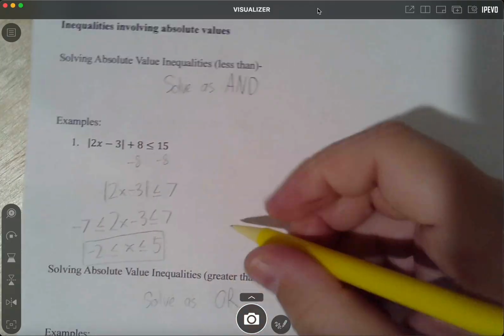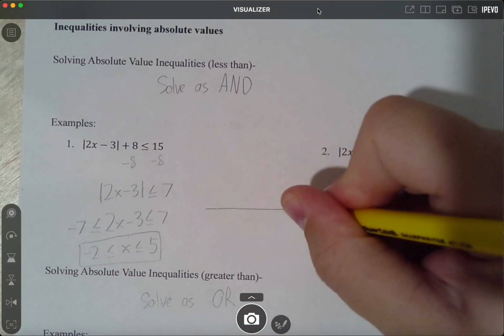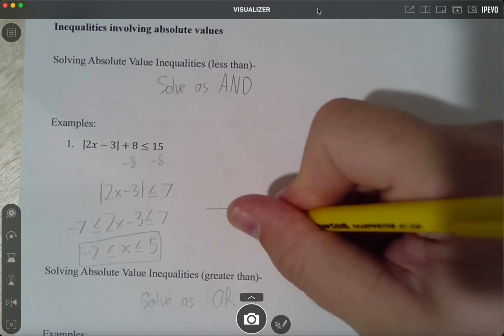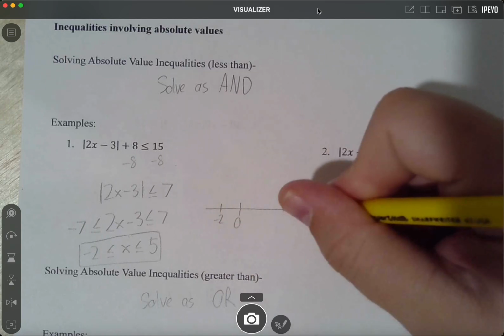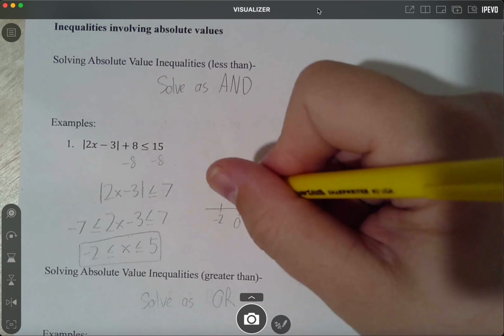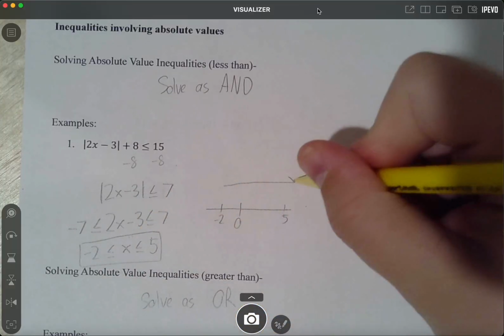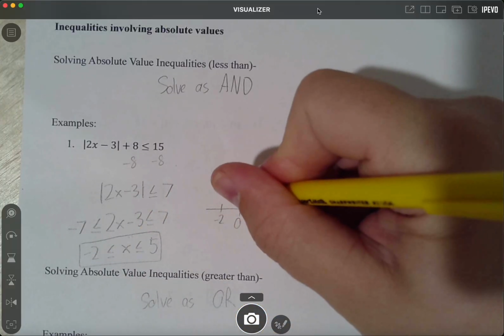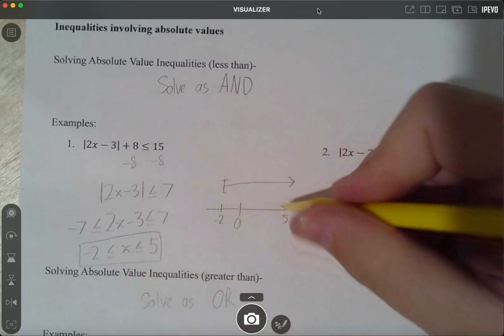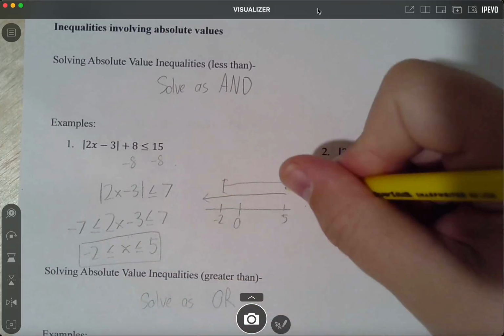There we go. That's my "and" inequality, and we kind of showed you before that you'd have 0, here's your negative 2, here's your 5. One of these is saying x can be greater than negative 2. That's this way. The other is saying x can be less than 5. That's this way.